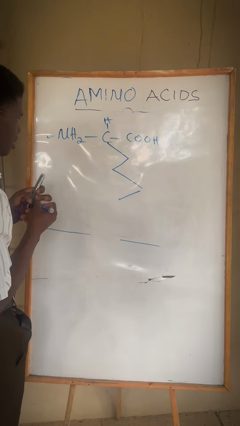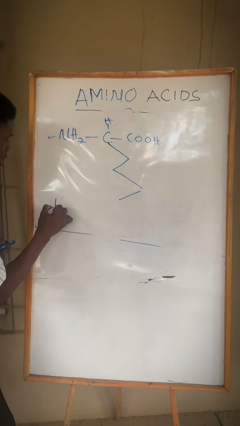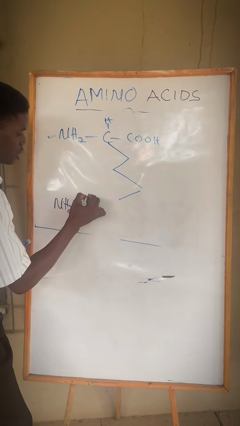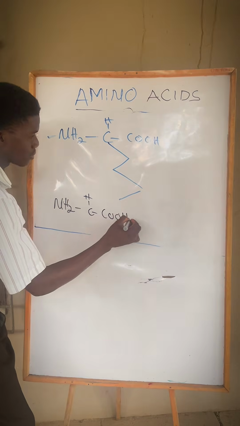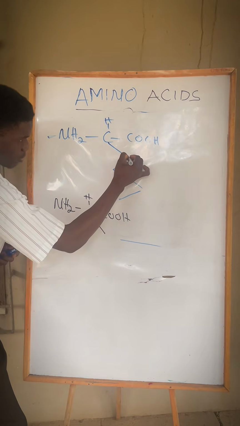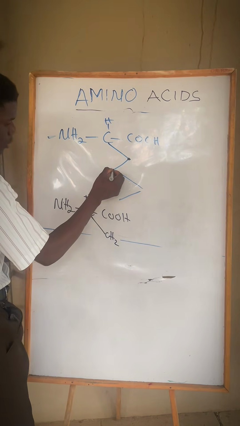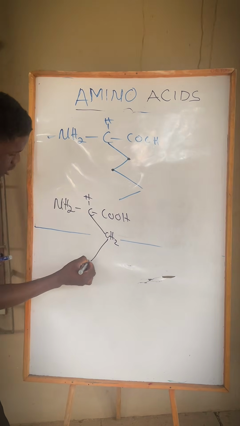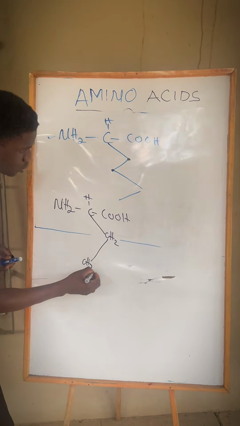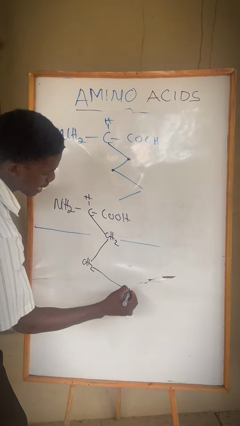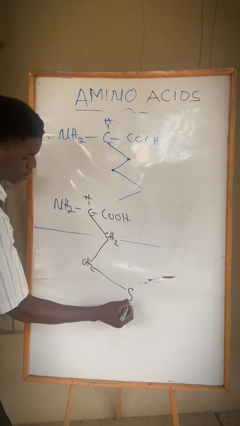Now let me draw it back. So we have NH2CHCOOH. This point, carbon, CH2 carbon, right? CH2 this side. So there will be a bond here. What will be here? S. Bring it down.